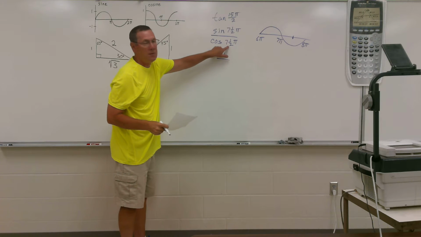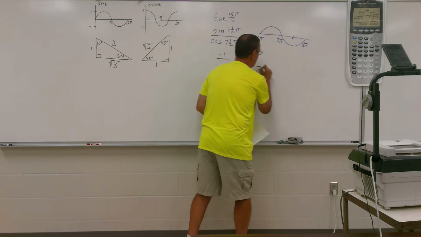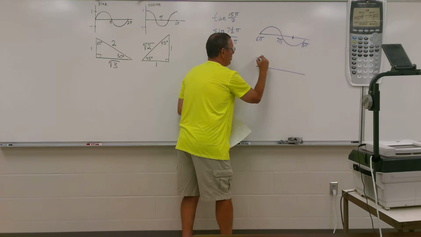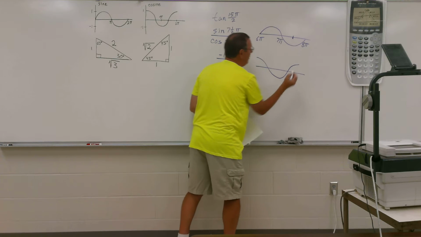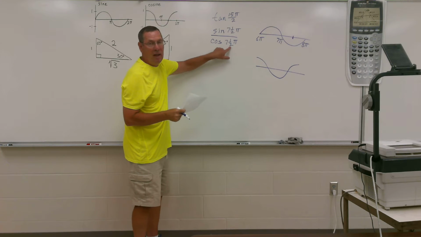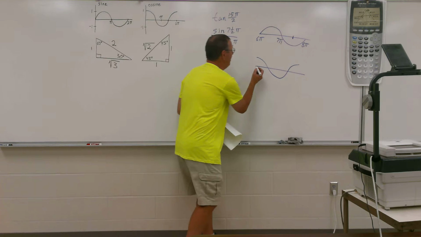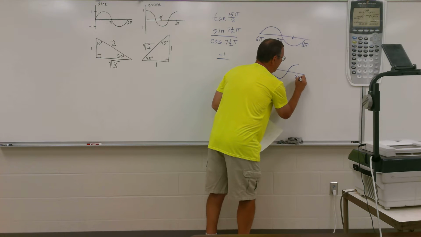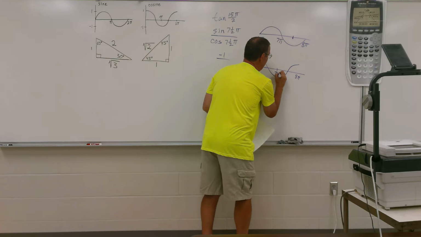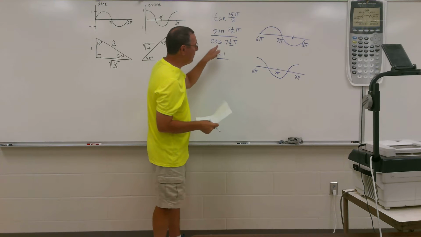Now for cosine of 7.5 pi, I'm going to go like this. My cosine curve is 1/4 of a circle, 1/2 a circle, 1/4 of a circle. Okay, if I want to get 7.5 pi, the exact same thing I did up here. Here's 6 pi's. Here's 8 pi's. Right here would be 7 pi's. We want 7.5 pi's.